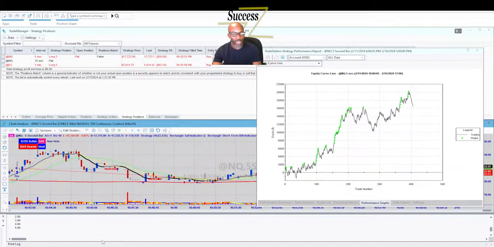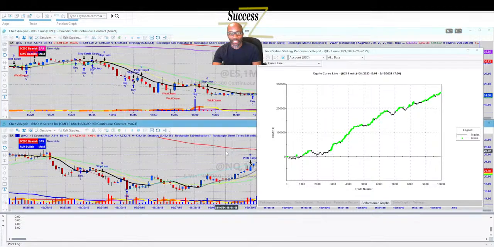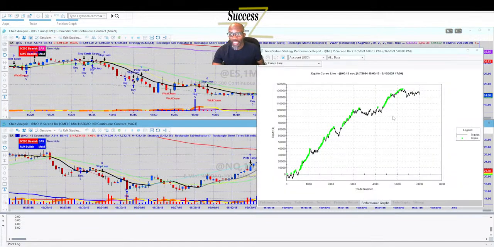But if we go to the ES, I managed to find that it works better for the same script on a 1-minute time frame. Over the course of 4 months it would have made approximately $25,000, and NQ worked better on the 15-second time frame.